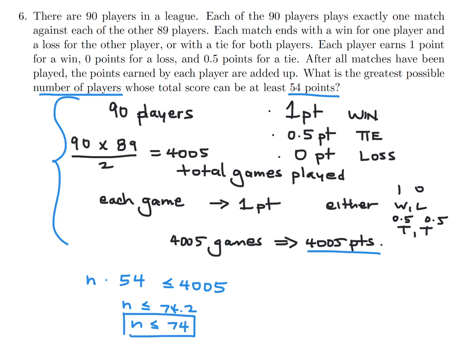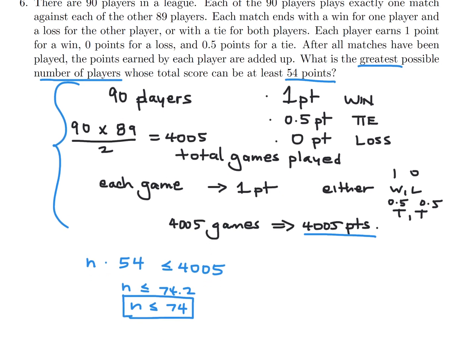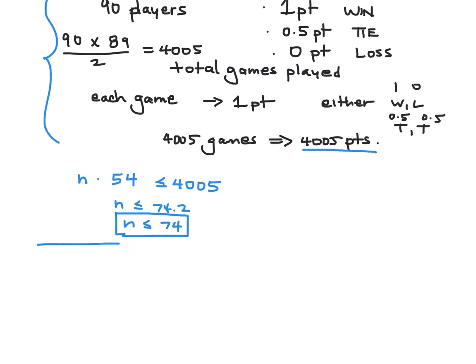Now that's helpful because it gives us a starting point. And we want the greatest possible, so we will start with n and go down to see what number allows us to achieve this: having players whose total score is at least 54 points. All right, so let's start with n equals 74.